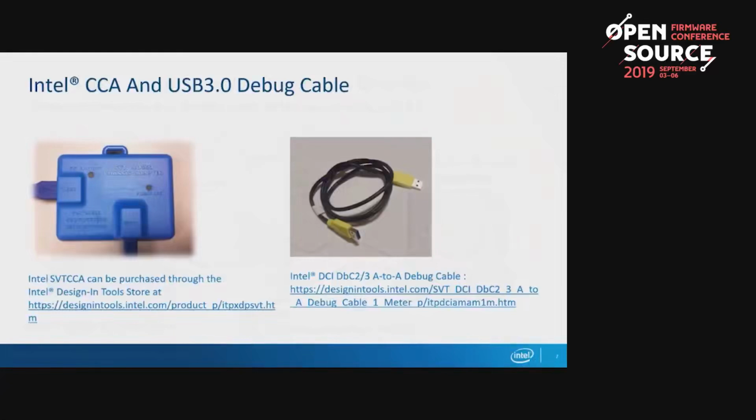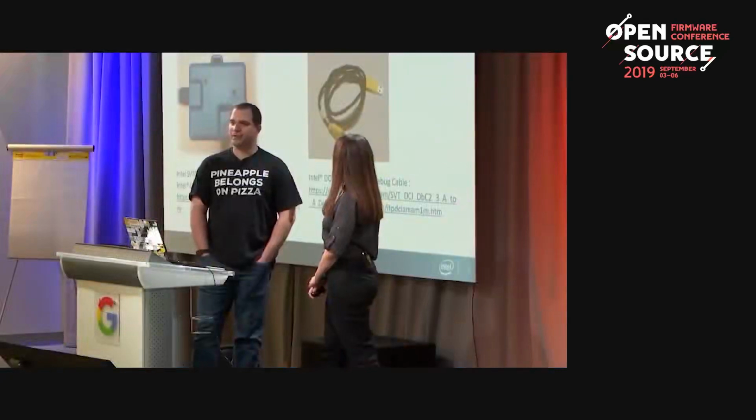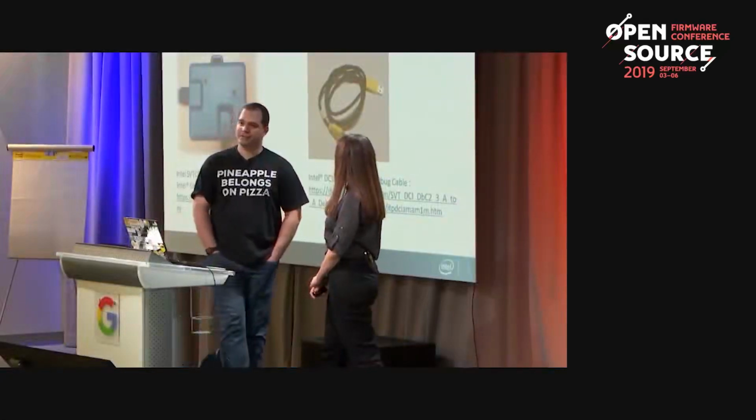So we went from needing to open the platform and needing a $3,000 part to $400, to a USB A to A cable that just clips VCC, which is available through Intel for $10, or you can DIY it. Just a quick note, the CCA box does require you to sign an NDA with Intel.